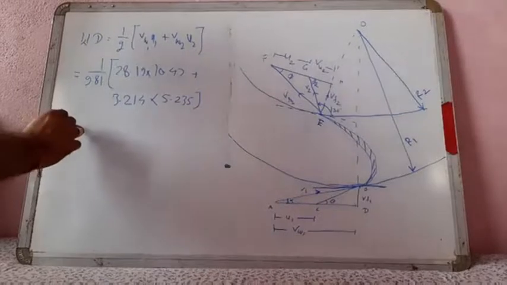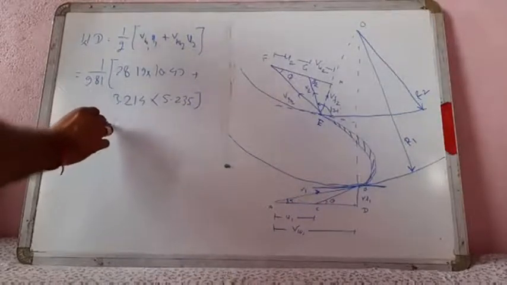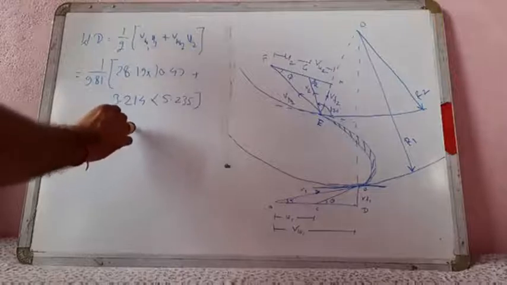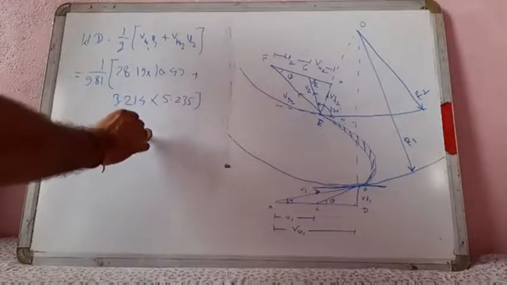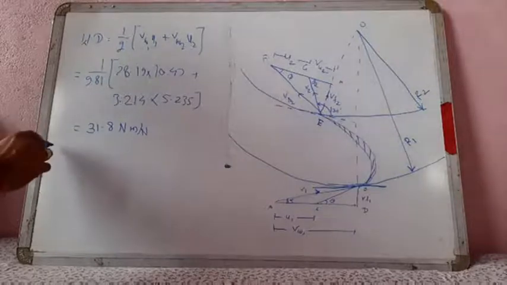Here this will become 31.8 Newton meter per Newton weight of water striking per second.